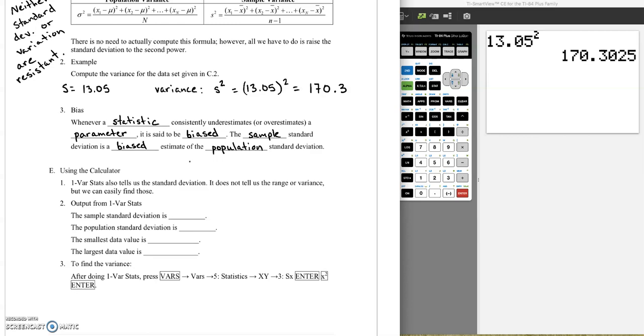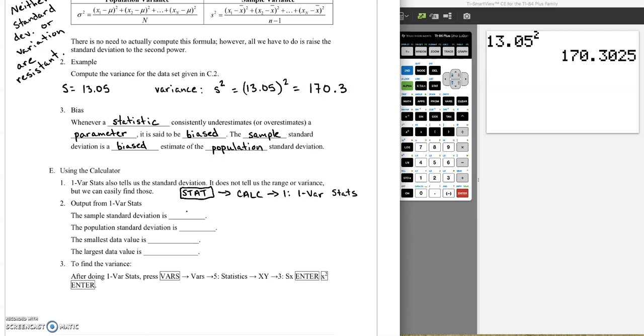Let's talk about using the calculator. That same function, oneVarStats, which remember we get to by hitting the stat key, and then going over to the calc menu, and then picking number 1, which is oneVarStats. That gave us the mean and the median.